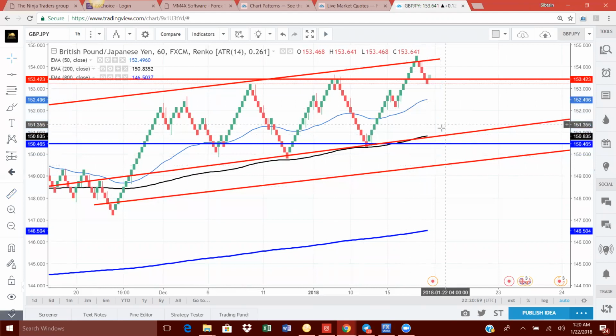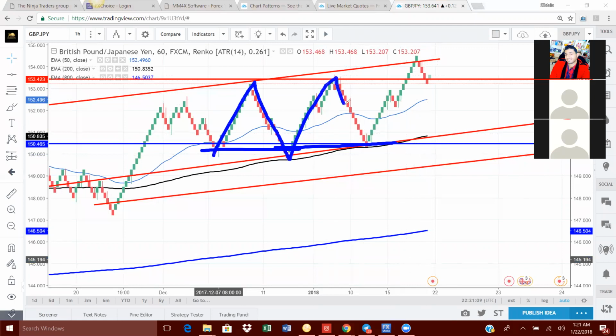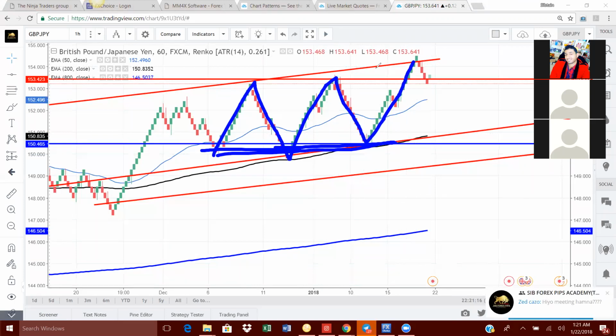So if you can see properly with your eyes, this is a support, right? Yes. Because Renko charts never lie. This is not a lie. So you can see this is a support here. The price went up again, made a resistance again. So this is a support here, right?